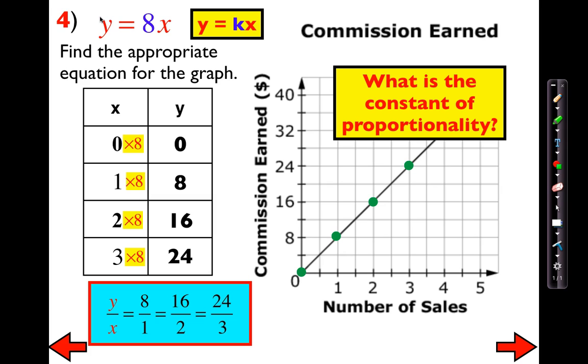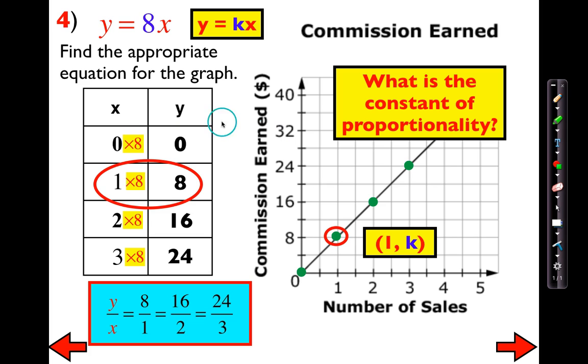So now that I have that, let's talk about what we should expect to see in a graph. Here, this was nice because it is clear that it is (1, 8). So if we wanted to, could we have looked at the graph and been able to come up with that constant of proportionality? Absolutely.